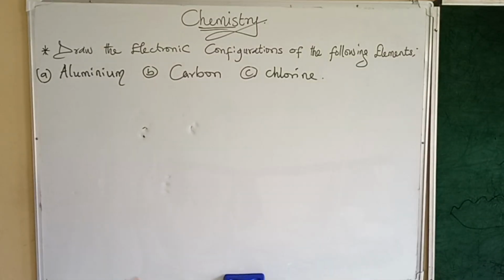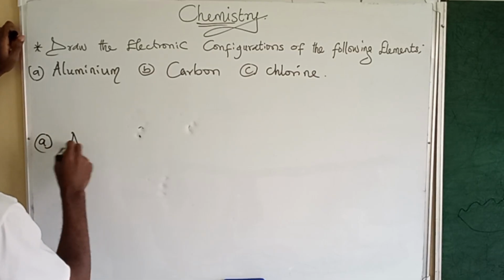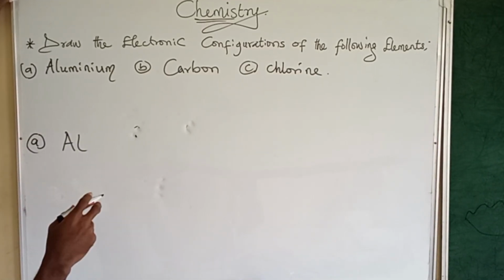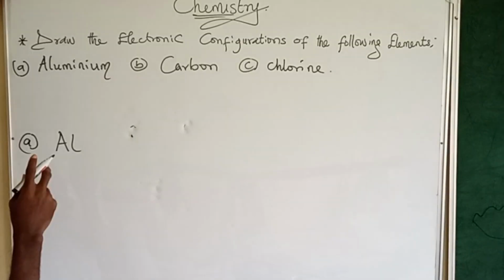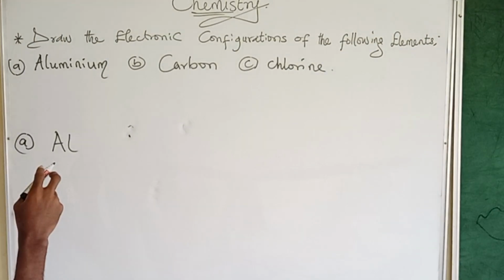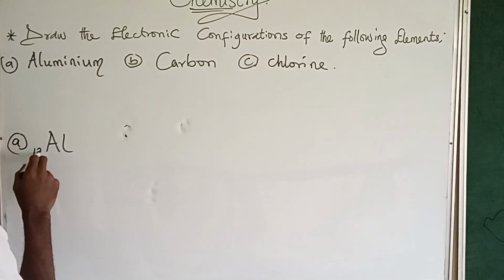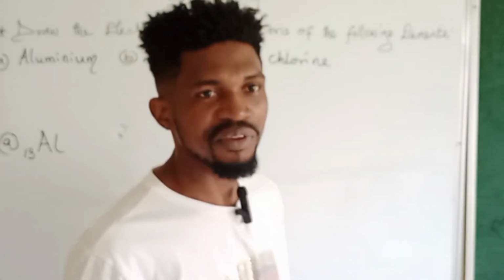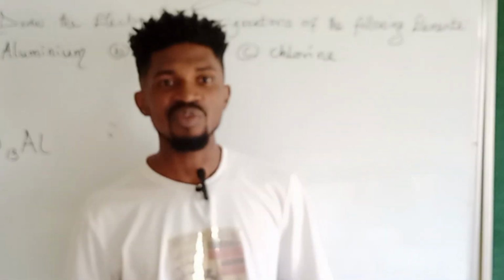All right. So the first one is aluminium. The symbol for aluminium is capital letter A and small letter L. And in the periodic table, the atomic number is 13. Also, if you have not watched my video on the first 20 elements, please kindly go and watch that video.